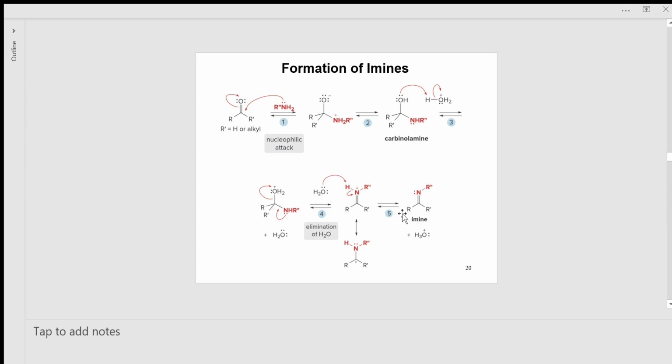It's called an imine. So if you remember my secret, oxygen from an aldehyde or ketone and 2 hydrogens from a primary amine react and form water, and a new carbon nitrogen double bond forms between the ketone part and the primary amine part.